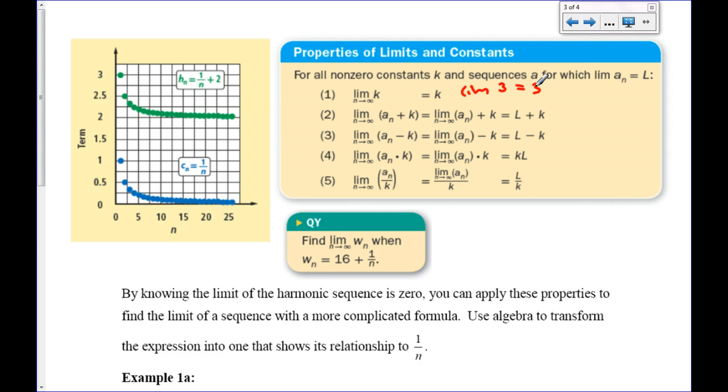It doesn't have a variable attached to it. Okay? If we say the limit of some sequence a sub n plus k, the limit of that sequence plus k is what the limit's going to be. So for instance, if I say the limit of 1 over n plus 3, that's the same as saying the limit of 1 over n, which is what?